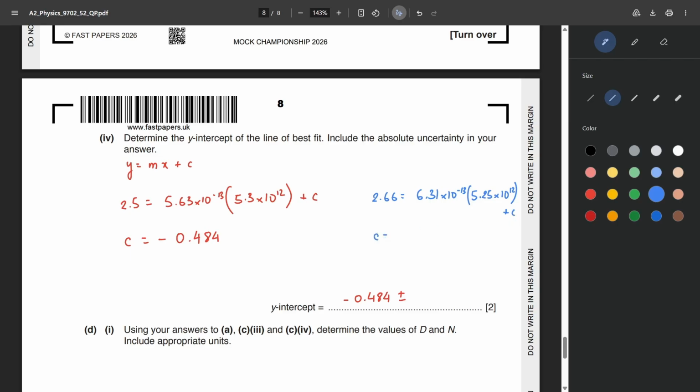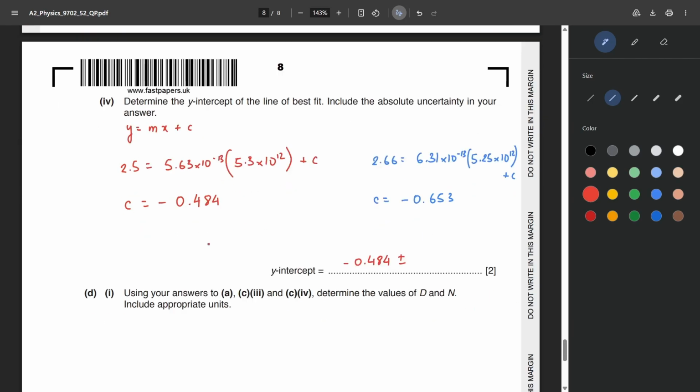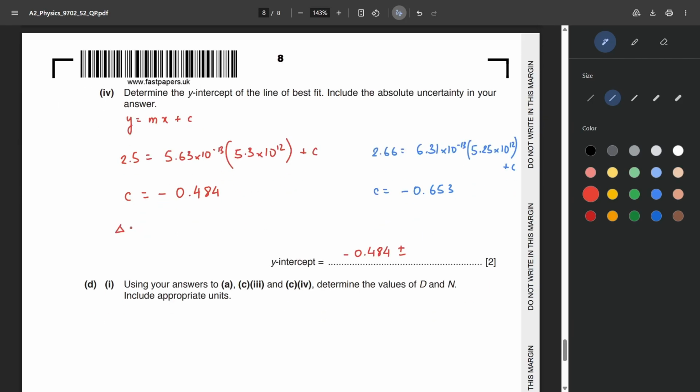The value of c here would be minus 0.653. Now, the difference in the two values, 0.653 minus 0.484, is 0.169. We can round that to two significant figures to make 0.17.